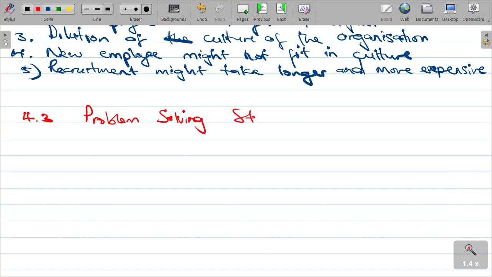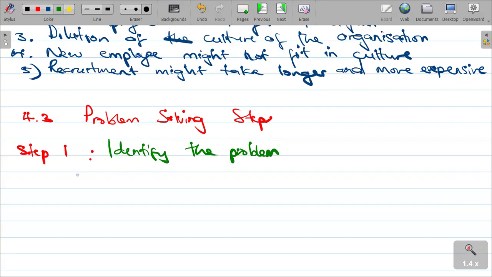The first step is you need to identify the problem. What is the problem? Once you've done that, go to step number 2, whereby you define the problem.